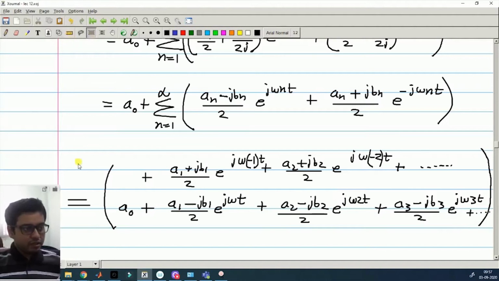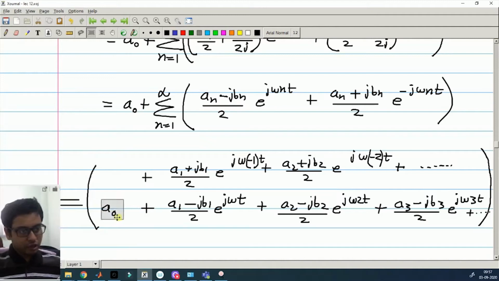Let me also do this. In place of a0, let me put a0 e to the power j omega 0 t. e to the power 0 is 1, so I can do this.